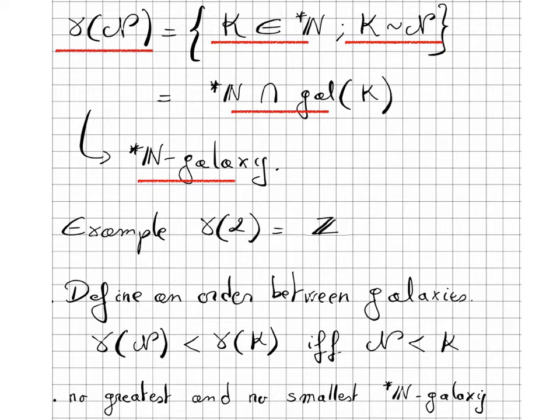We can verify that gamma of 2 is the set of integers Z, and you will find more details in the book of Goldblatt, such as how to define an order between the star N galaxies, the fact that there is no greatest or smallest galaxy, and that there is always another star N galaxy between any two galaxies.